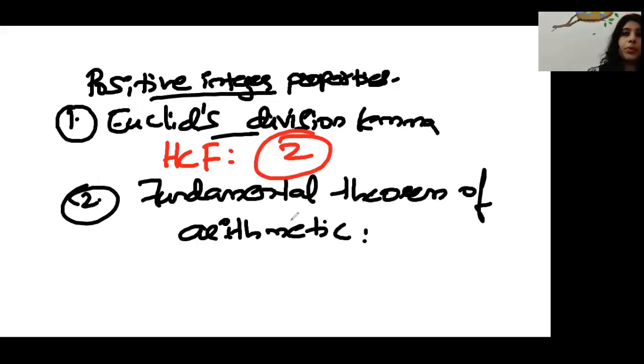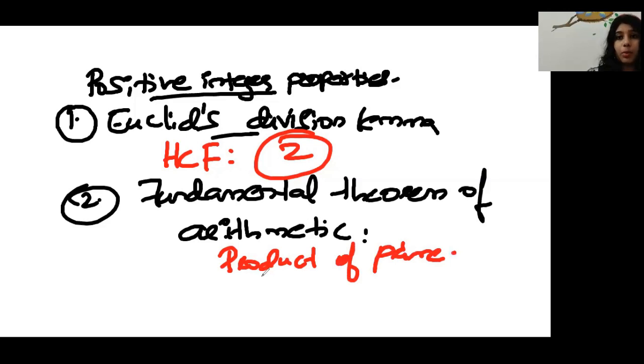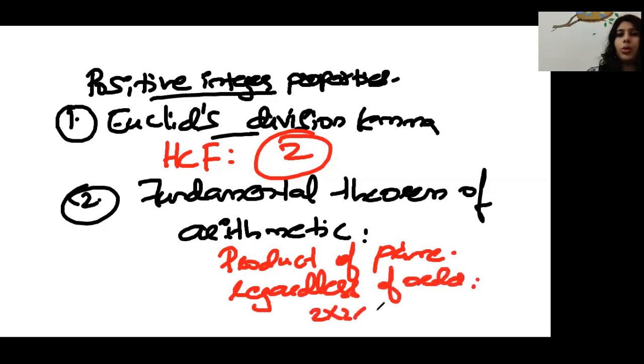The fundamental theorem of arithmetic deals with representing any number as a product of primes, regardless of the order. Regardless of order means 2 into 2 into 3, you can write as 2 into 3 into 2, or 3 into 2 into 2 also. We don't consider the order of factorization.